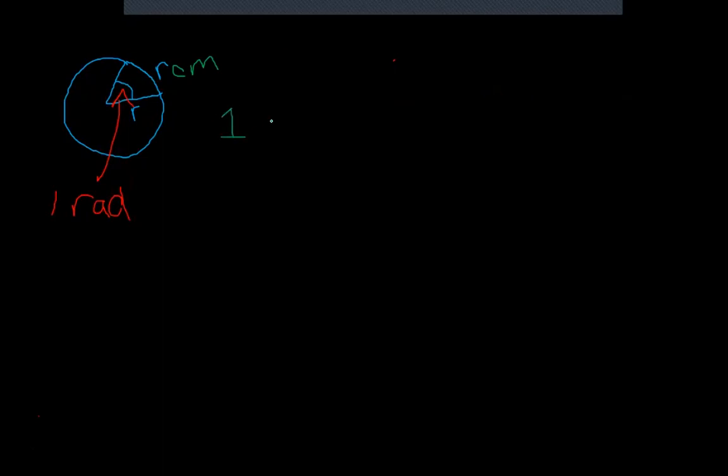It means that 1 arc of length r cm. So remember, when this angle is 1 radian, then the arc length is r cm, r being the radius. Whatever the radius is, if it's 5 centimeters, that means my arc length is also 5 centimeters. So 1 arc of length r centimeters is equal to 1 radian.